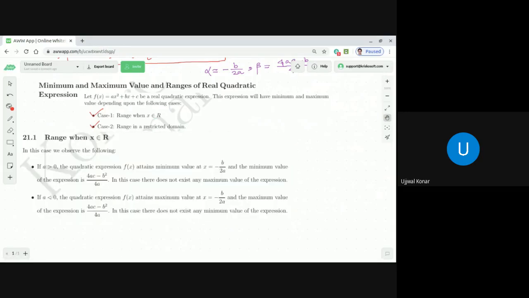Now, if you look into the first case, dear students, when a is greater than 0, then f(x) attains a minimum value at x equal to minus b by 2a, and the minimum value of the expression is (4ac minus b²) by 4a.